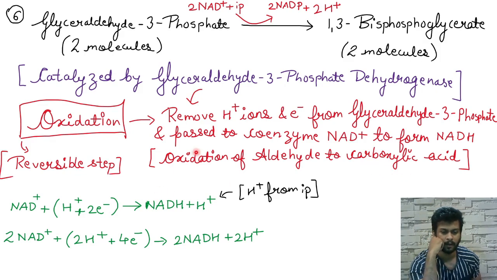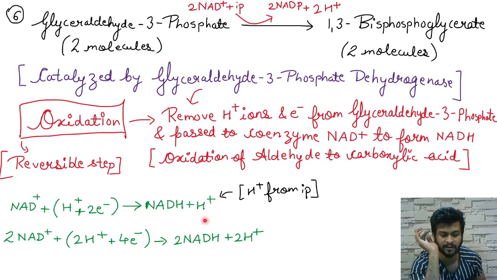Okay. Now you need to understand one thing, this NAD+ is in oxidized form. It will accept hydrogen but not directly hydrogen. It accepts hydrogen in the form of hydride ion. Okay, this hydride ion is H+ plus 2 electron. So if it accepts, it will form NADH, and this free hydrogen ion will come from inorganic phosphate.